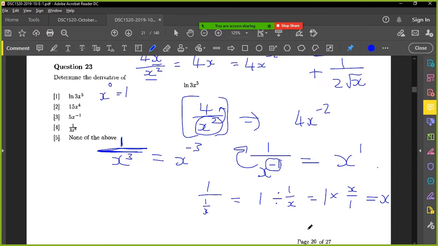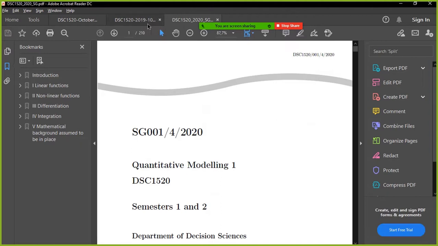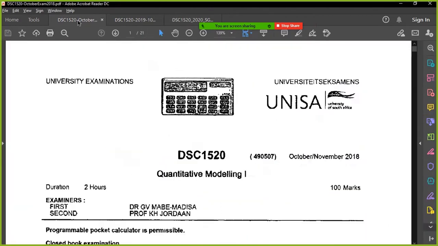Yes. So these are just a few basics in terms of your exponent rules. Let me just check and see if I can show you in your study guide. Let's go to the study guide and see if there's a page you can use as a reference. They should give you the rules. Why do I have two open here? Oh, this was 2018.